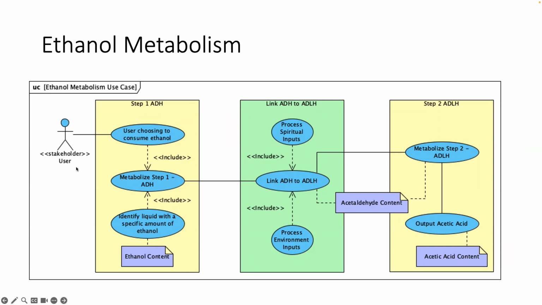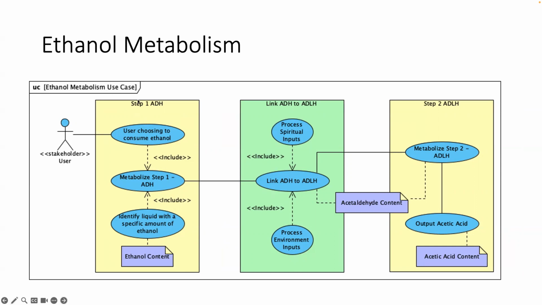And so the user, if you will, the human being that's trying to metabolize ethanol, these are the things that have to take place for that all to occur. And so there thus has to be a linkage of each one of these 3 elements here.